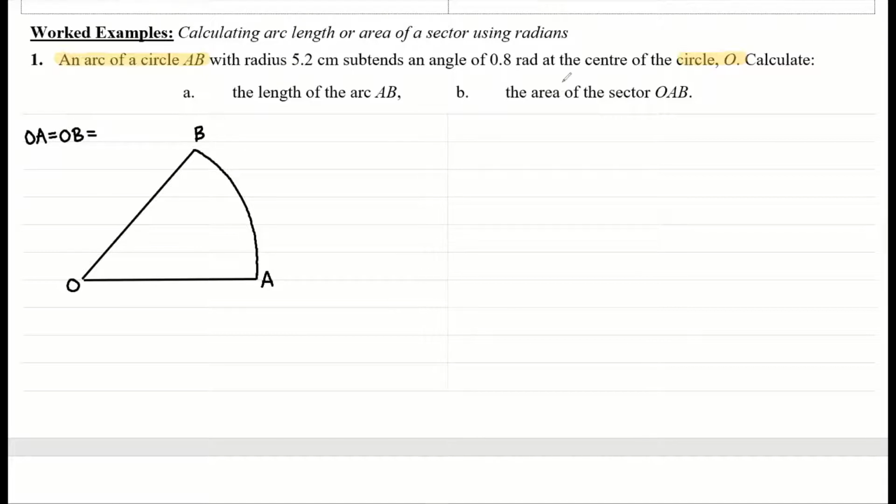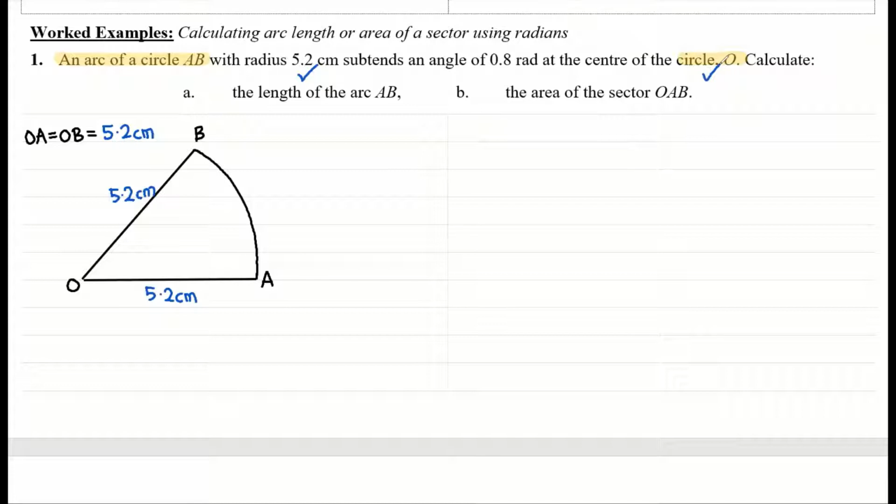That's equal to 5.2 centimeters. So this measurement here is 5.2 centimeters, and because it's a circle, they're both the same. We've created a sector as well, OAB, which has an area. So we've dealt with the 5.2 centimeters, and we know it's an arc of a circle center O.